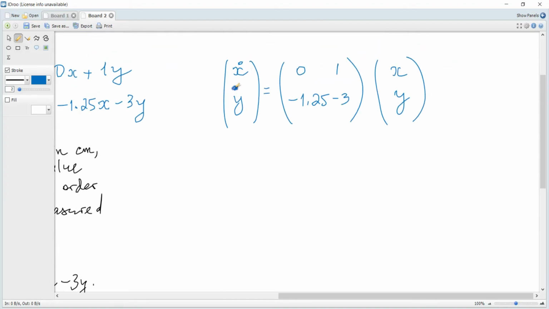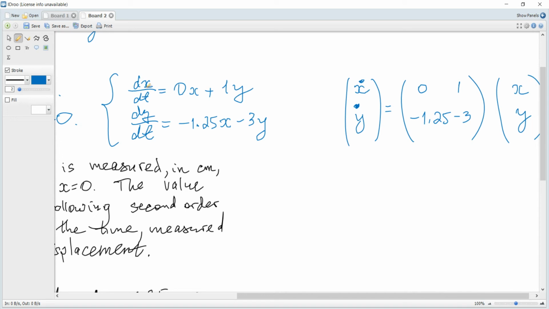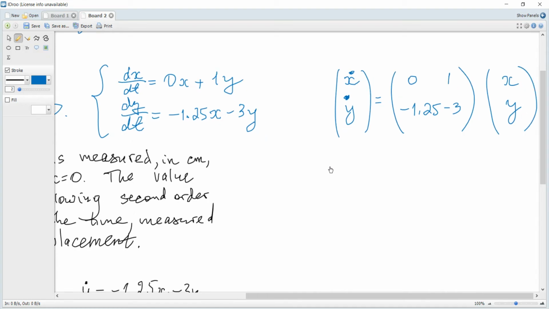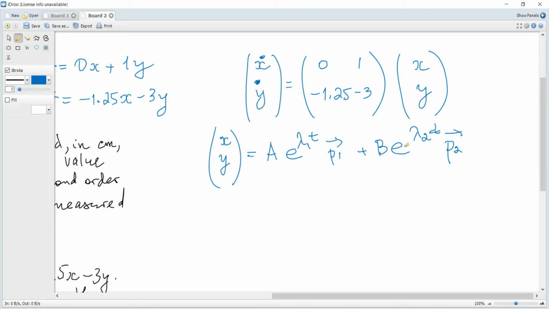Because the solution for x and y, if there are derivatives dx, dy, is given by the following expression: some constant a times e to the lambda 1 t p1 plus b e to the power lambda 2 t p2, where lambda 1, lambda 2 are eigenvalues and p1, p2 are corresponding eigenvectors.